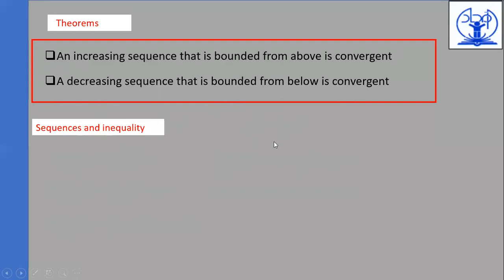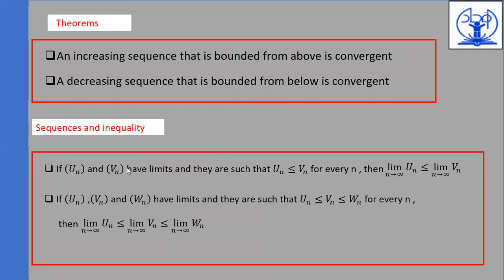To study the limit of sequences, we also need to study some properties, such as these two important properties. If un and vn have limits, and they are such that the sequence un is always less than the sequence vn, which means u1 is less than v1, u2 is less than v2, then the limit of un must be less than the limit of vn.